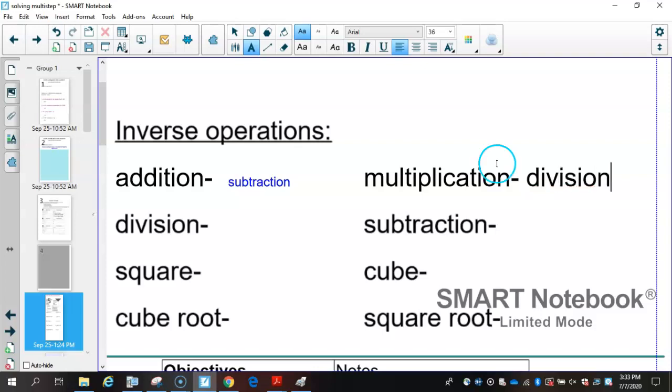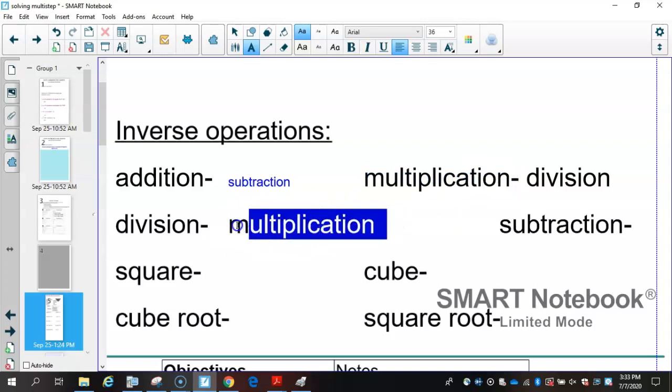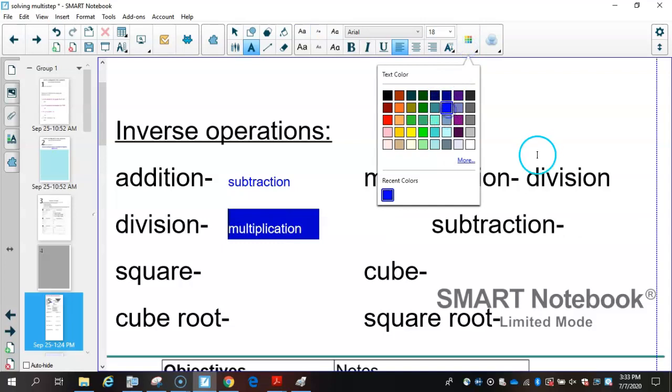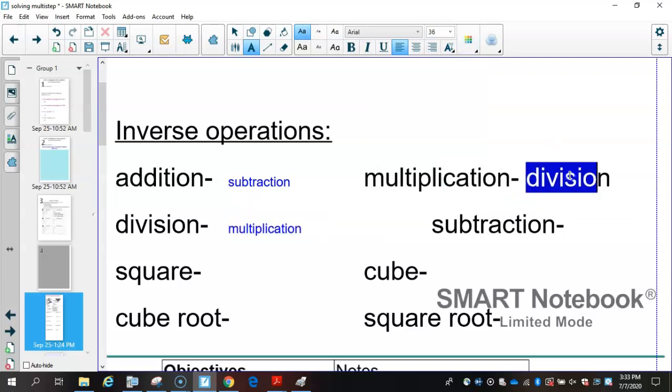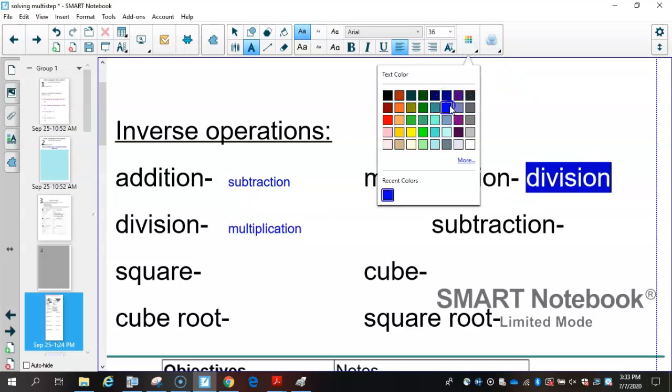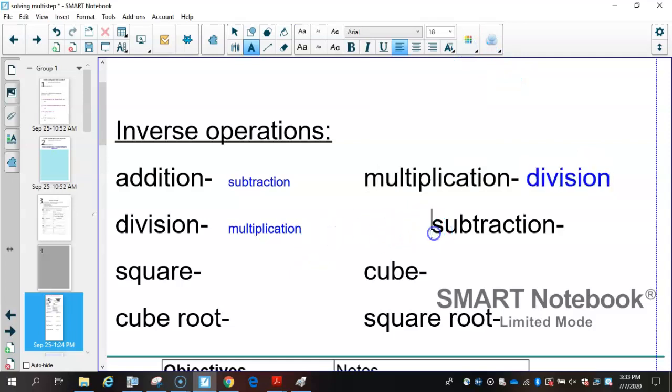And because we just did this, the opposite of division is then multiplication. And because we just did subtraction, we know the opposite of subtraction is addition.